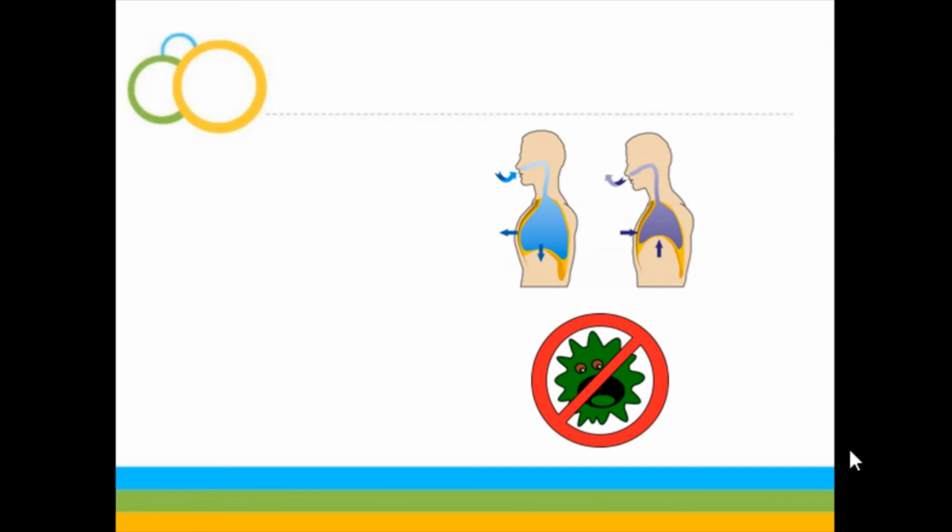What are the functions of the nose? Or what does our nose do in our body? As you can see in the two pictures over here, let's have the first picture.